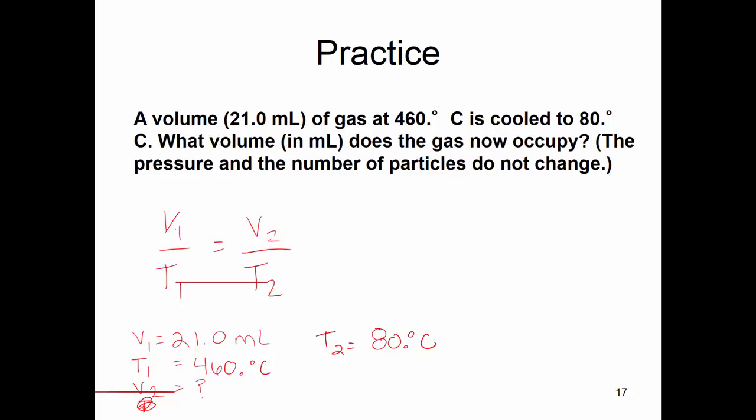All right. Earlier I stated that we have to use Kelvin, so don't forget that. You're going to have to convert to Kelvin before you plug in to any gas law equation.